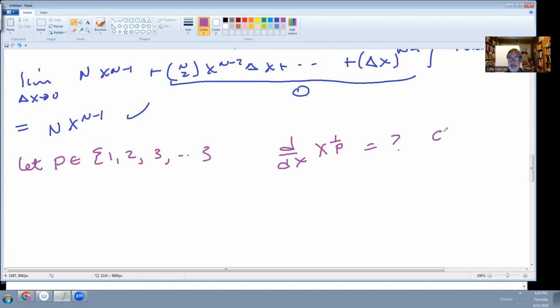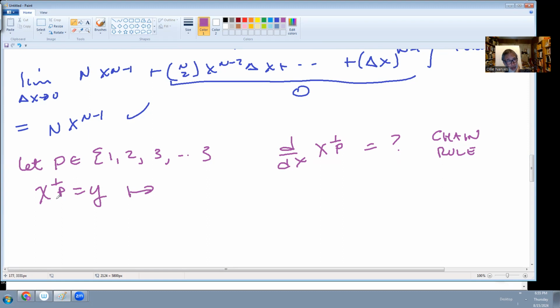We're going to have to use the chain rule here. The way the chain rule works is, let's start off with x to the 1 over p equals y.